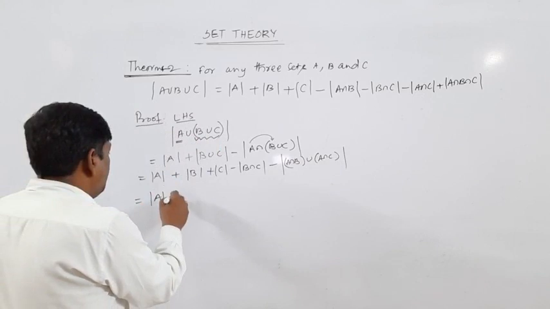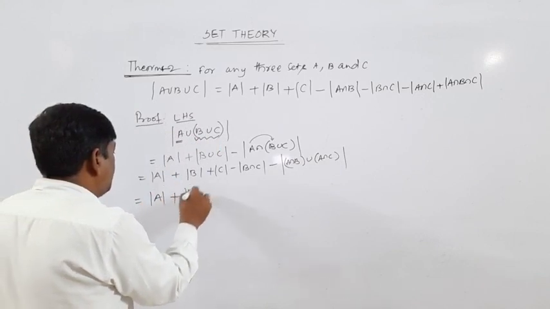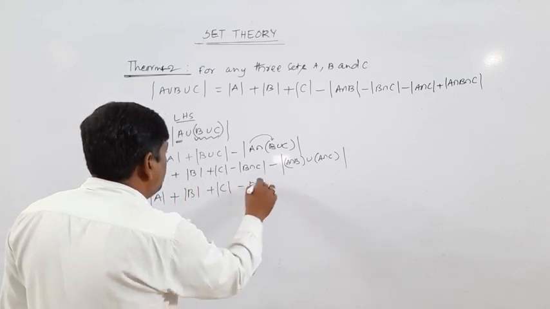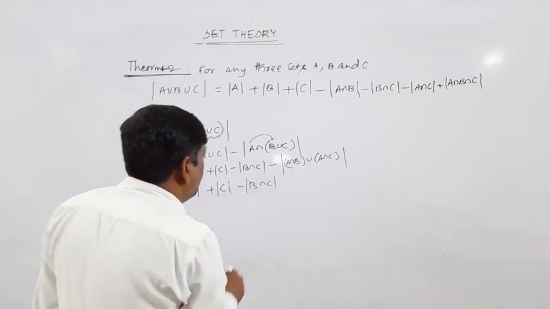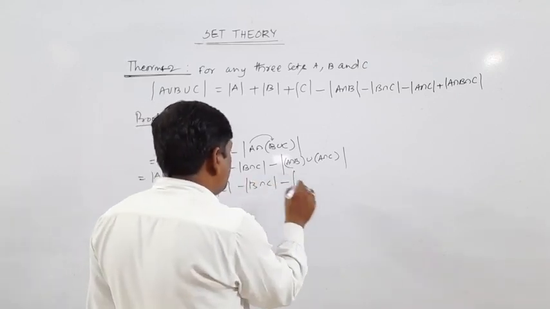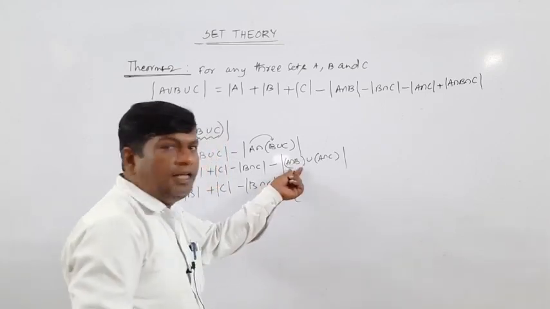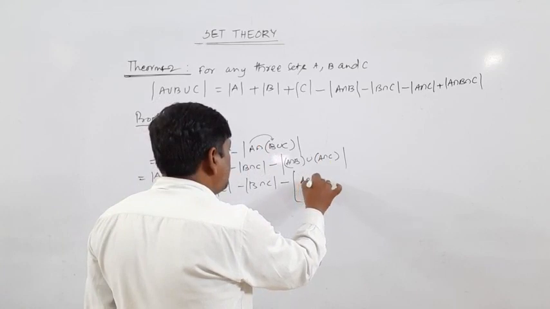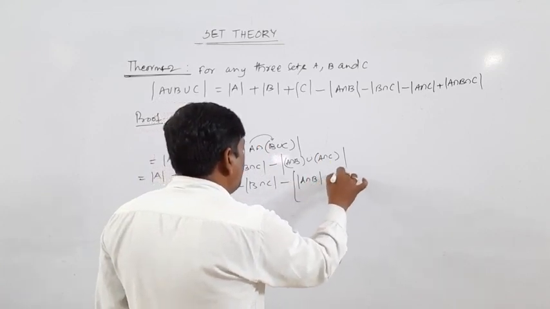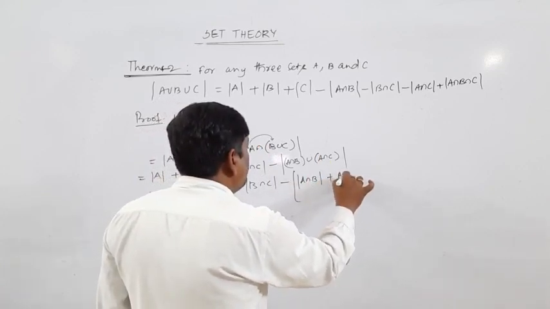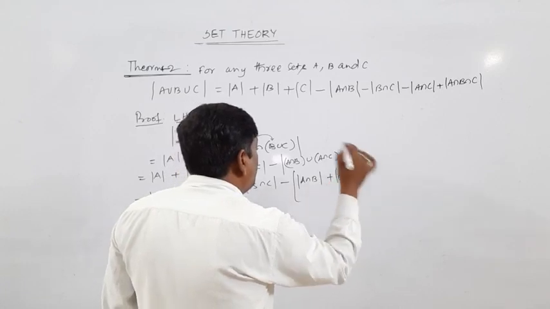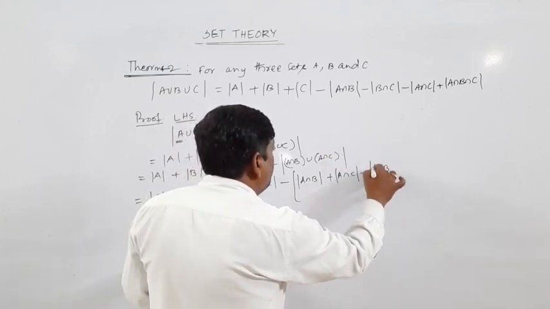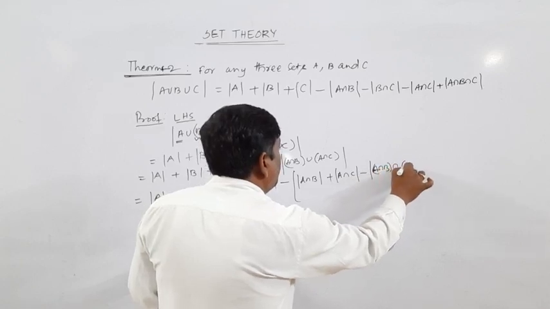Cardinality of A intersection B plus cardinality of A intersection C, minus cardinality of A intersection B intersection A intersection C.